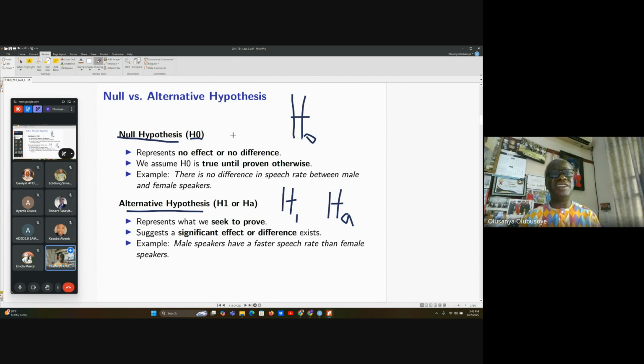What does the literature say about the subject of speech rate between male and female? What does the literature say about the frequency of language switching among bilinguals?